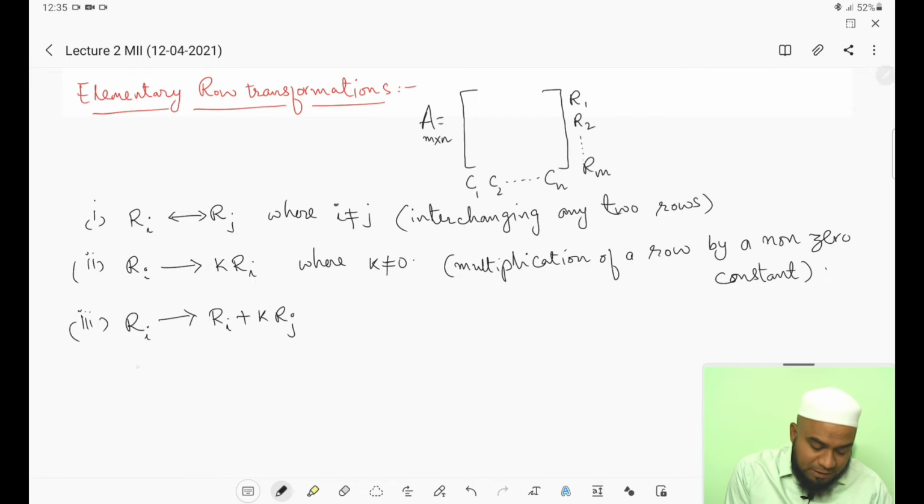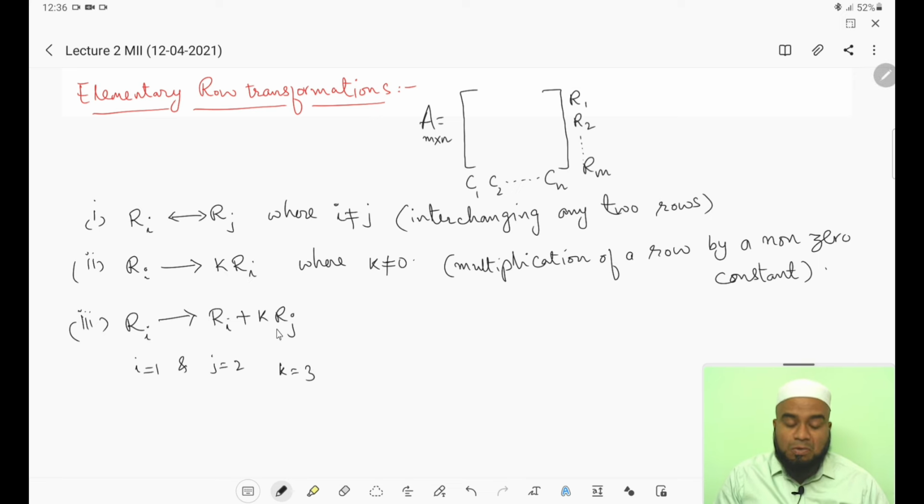Suppose we consider here i is 1 and j is 2, then R1 can be replaced with R1 plus some constant, k can be taken as 3, then 3 into R2, we can do this also, right? So these are the three different elementary row transformations.